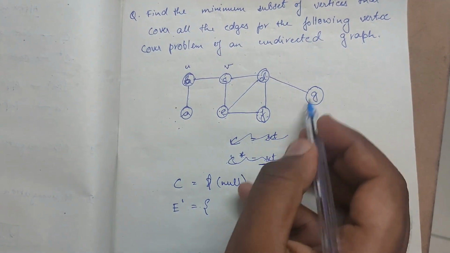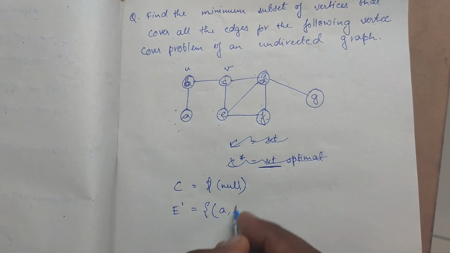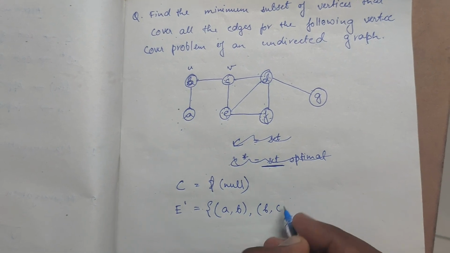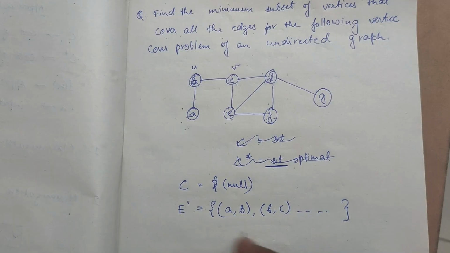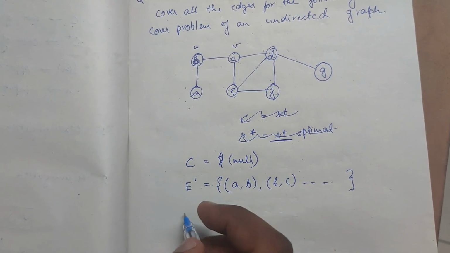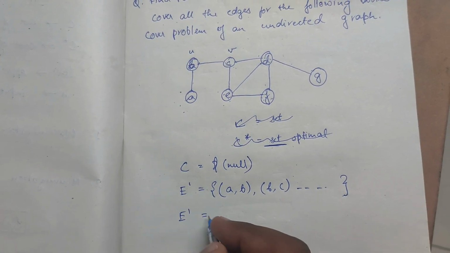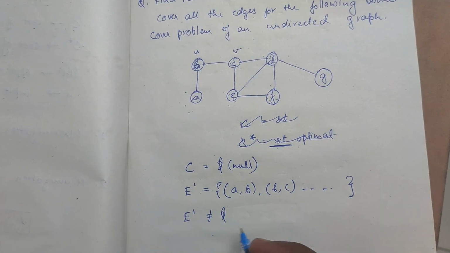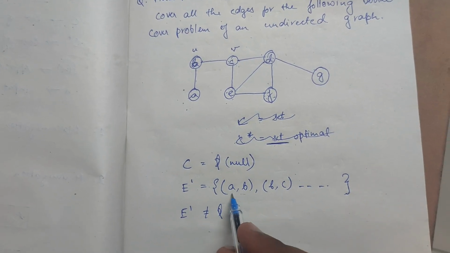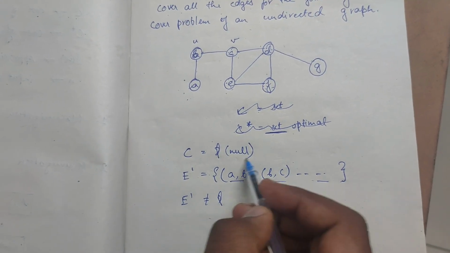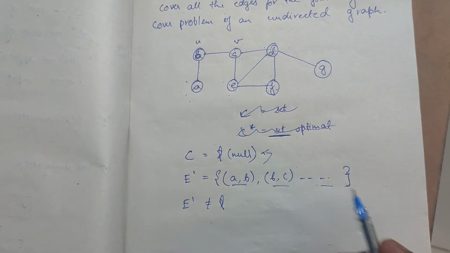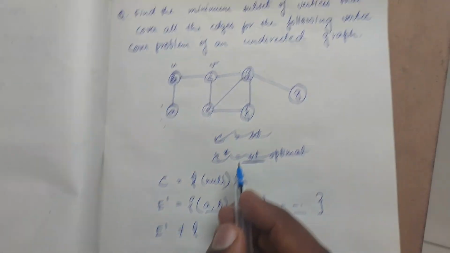So while E dash is not equal to phi, you will run a loop. What you will do is delete edges from E dash and keep on adding vertices to C. Let's have a look.